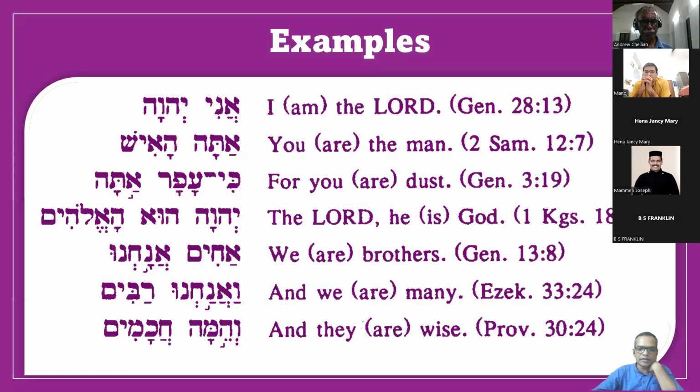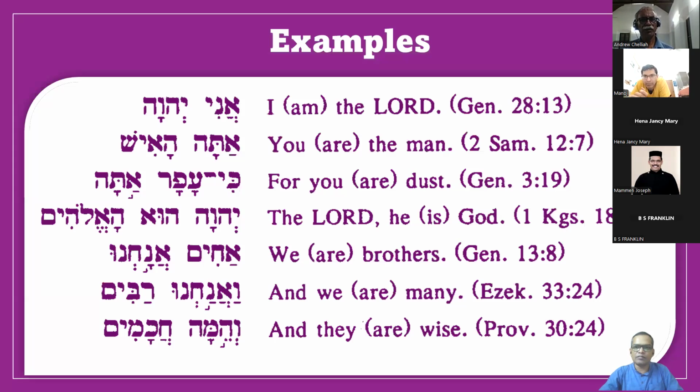In many places, when we use the independent personal pronoun, it is to give an emphasis to that phrase. Another reason is to reduce the size of the sentence. Verbless sentences are there in Hebrew in order to reduce the size of the sentence. And the other reason is to give emphasis. I am the Lord.